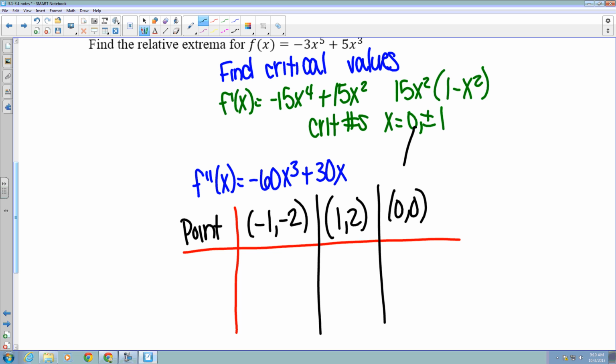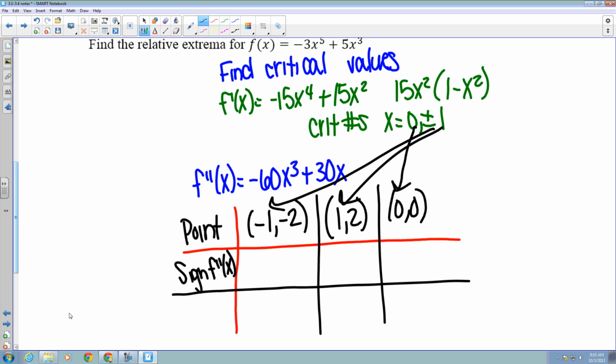Now we got these x values from our critical values, and we plugged them back in to get the y's. We want to know what the sign of our double derivative is. Because like it said up above, if it's positive, we have a minimum. If it's negative, we have a maximum. But if it's 0, we have to go back and use the first derivative test.